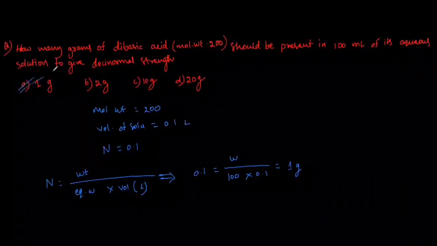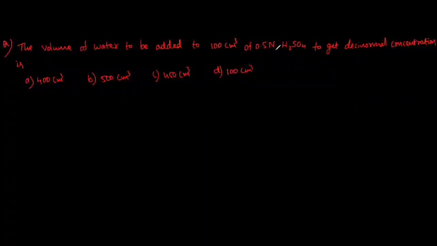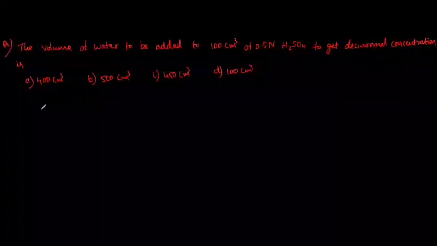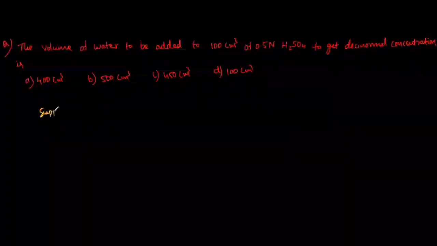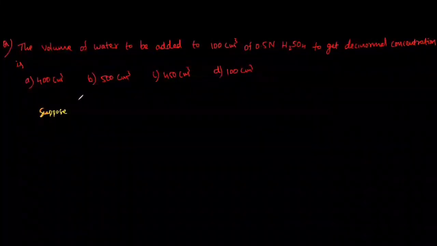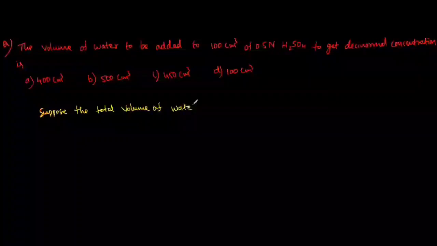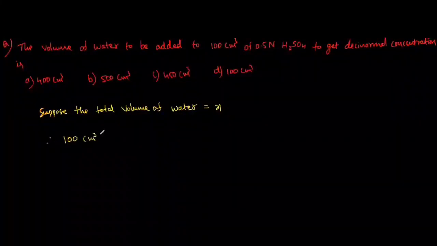The volume of water to be added to 100 centimeter cube of 0.5 normality H2SO4 to get decinormal concentration is, suppose the total volume is X. Here 100 centimeter cube into 0.5 normality is equal to X into 0.1 normality.